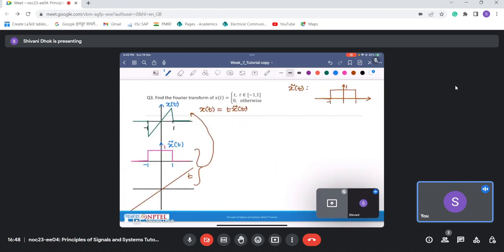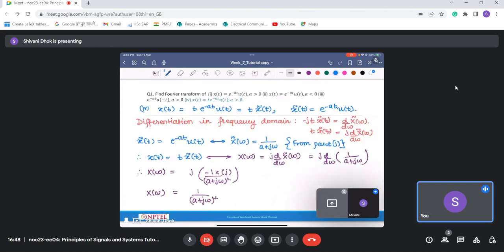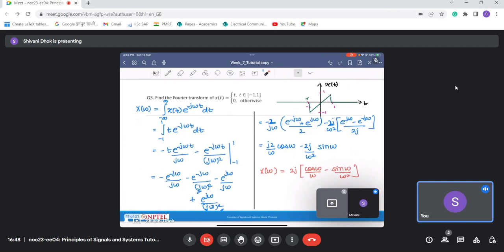So this x̃(t) has Fourier transform X̃(ω), which is equal to 2b, which is 1, into sin ω upon ω. And we had seen this property previously, that t into x̃(t) corresponds to j times d/dω of X̃(ω). So let us use the same property here.